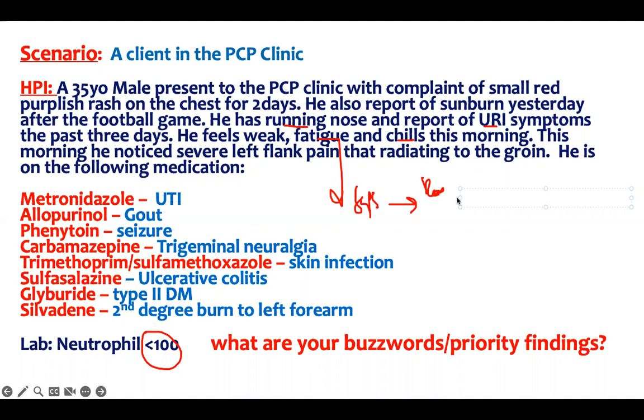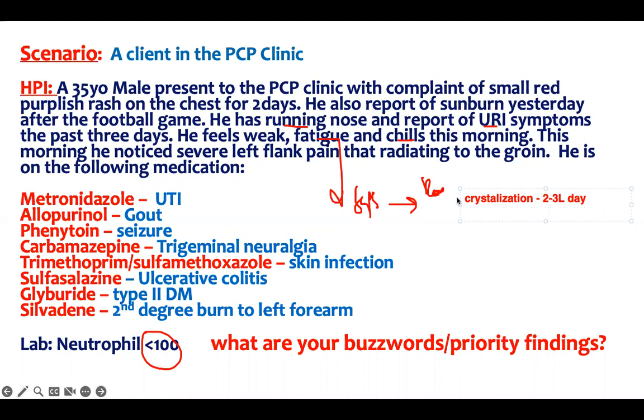To prevent crystallization, what you do is tell them to drink 2 to 3 liters of water a day, like 8 ounces of water each time they take the medication.